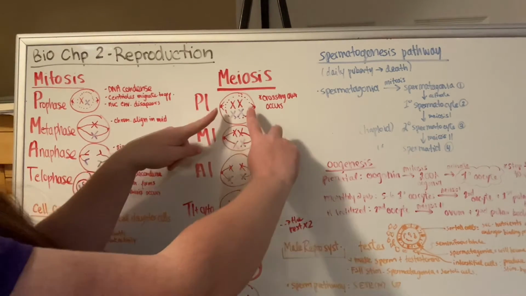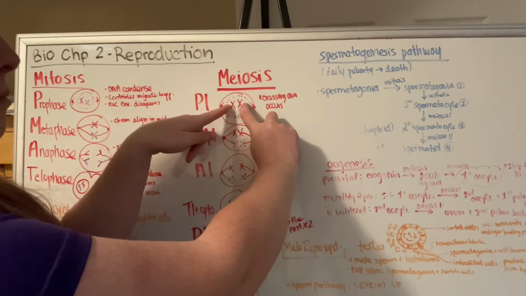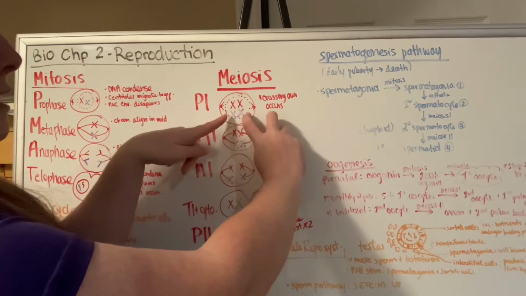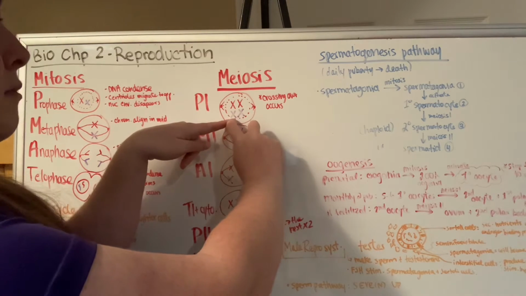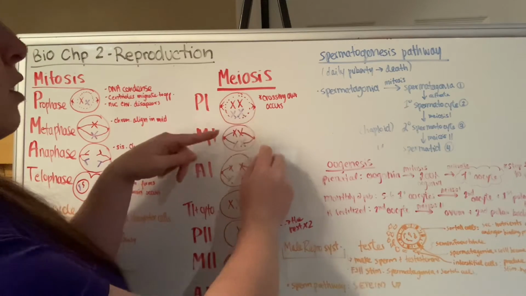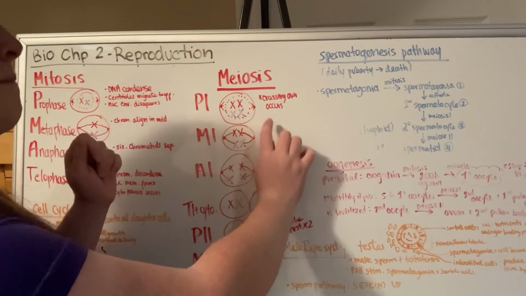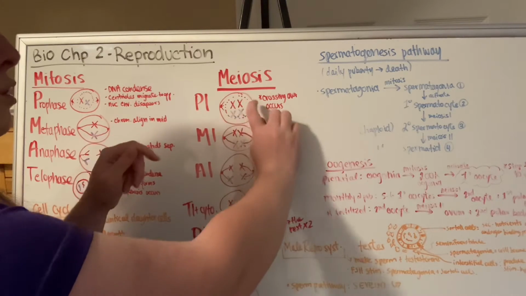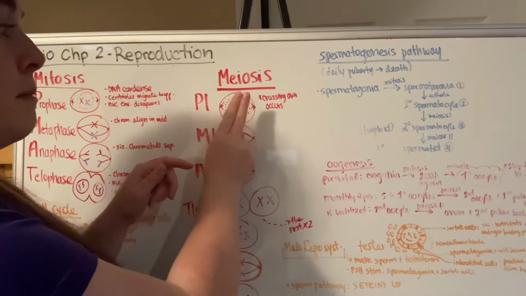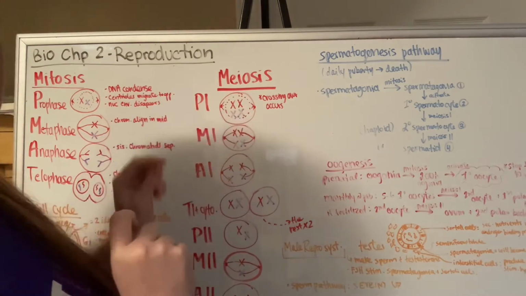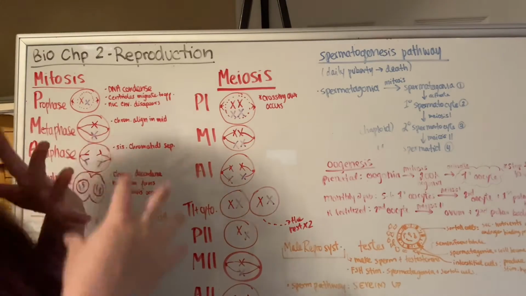So you see this is chromosome 1 from mom, chromosome 1 from the dad, and let's say this is chromosome 2 from the dad and chromosome 2 from the mom. Now they are together and you are crossing over. So this gene up there might switch with this gene right here because they're so close together, and they might swap a gene or something like that, which creates genetic variability.